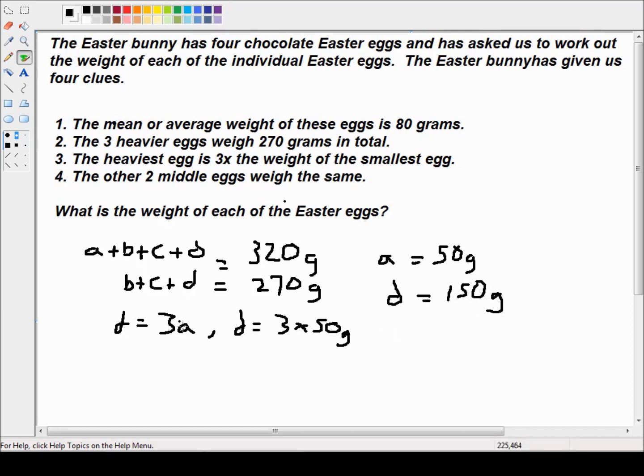Okay, so what are we left with? The other two middle eggs weigh the same. Okay, well that's nice. So I'm going to say C is equal to B. That's the two middle eggs weighing exactly the same.